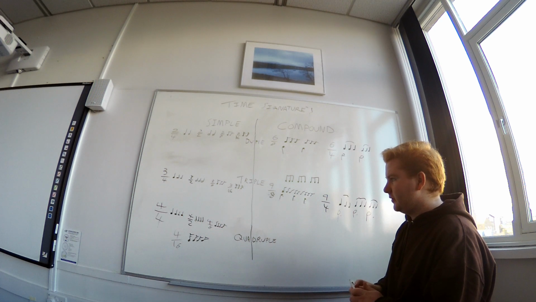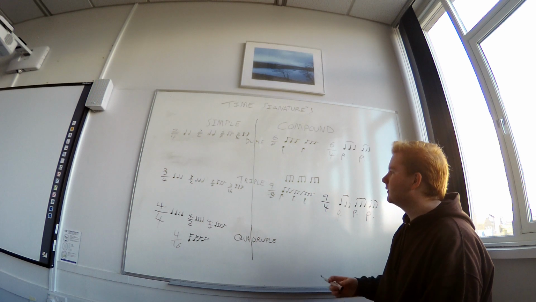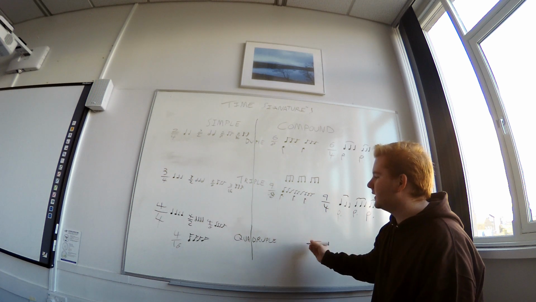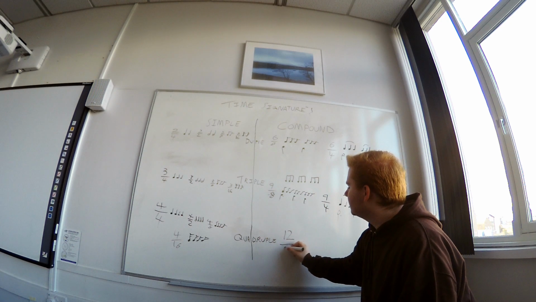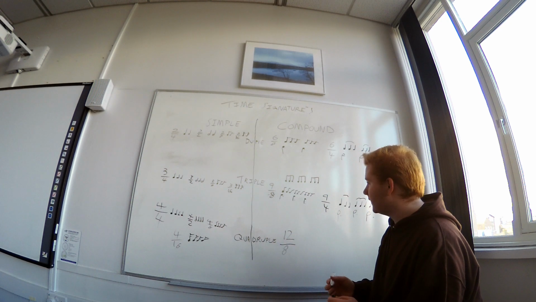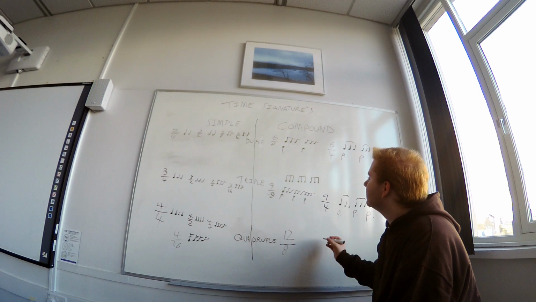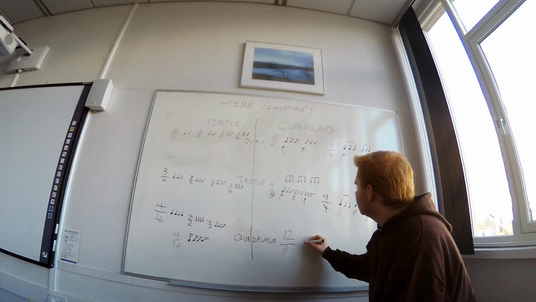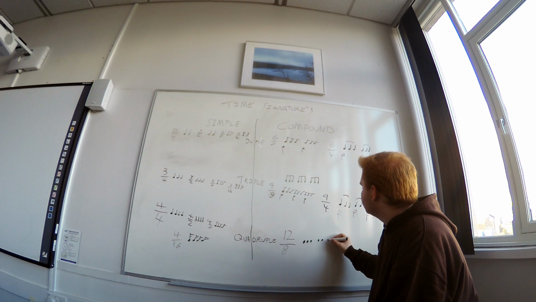So for the 4, and we're going to work in 3s, we're just going to do 3 times 4, which we know is 12 eighth notes in a bar, which is a lot of notes, as you can imagine. So it's just going to be 4 lots of quaver notes.